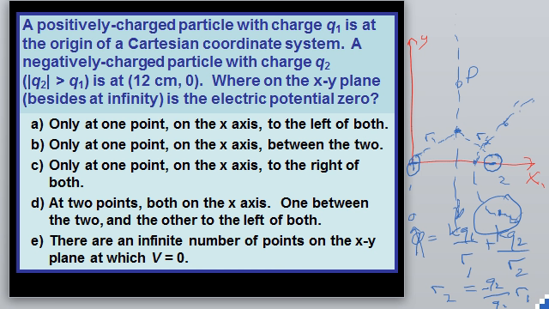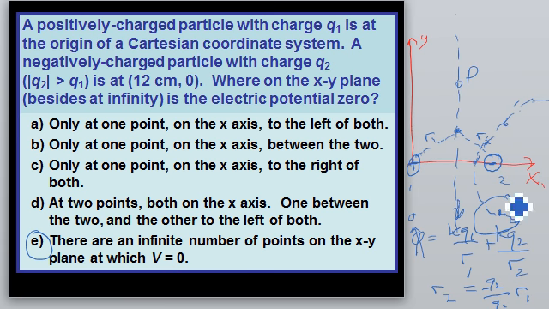And yeah. So that can be met at an infinite set of points. As long as R2 is this factor times R1, then the condition is met. So an infinite set of points at which V is equal to 0.